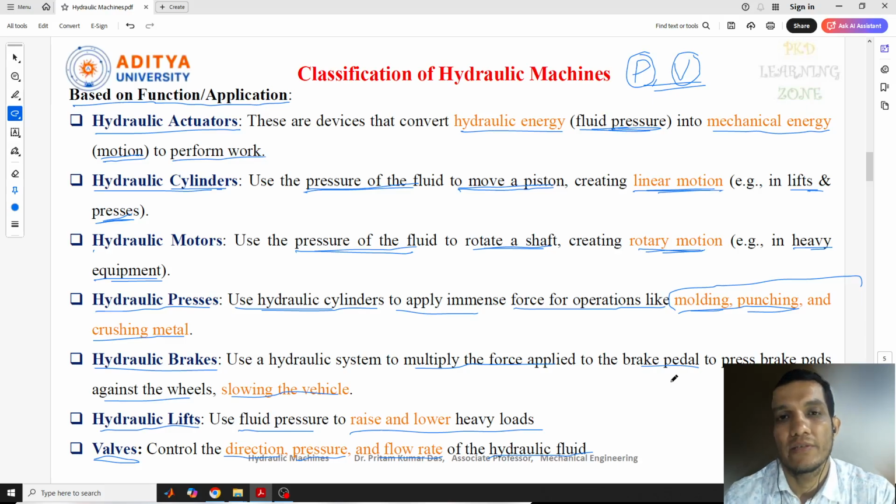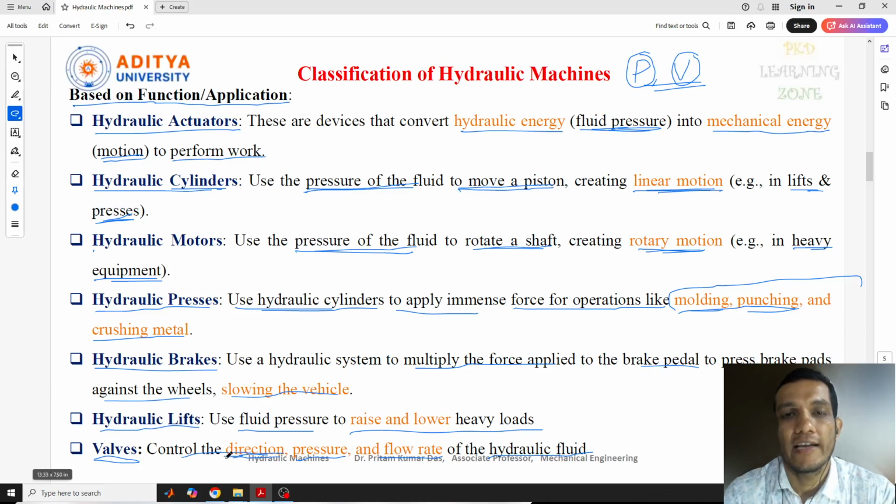A normal pipe, in our home we know that a number of pipes are there, and near the basins we have a valve. In the bathroom also, valves are attached near the wash. So many applications are there for valves, and in industry they are mostly used to control the fluid flow rate and the pressure.